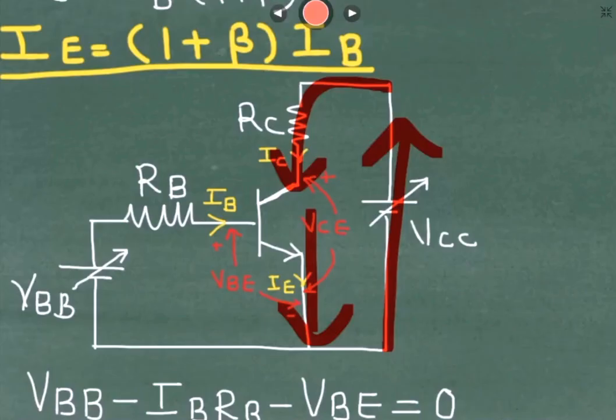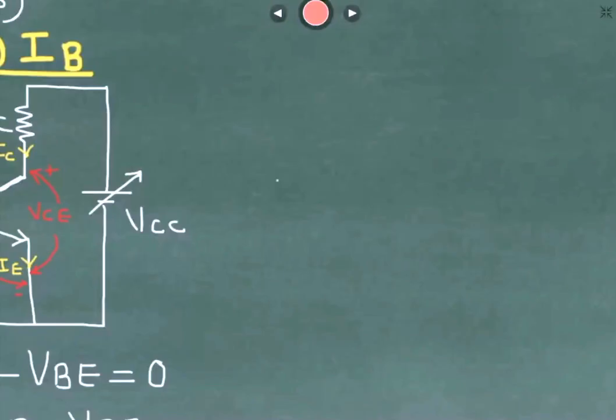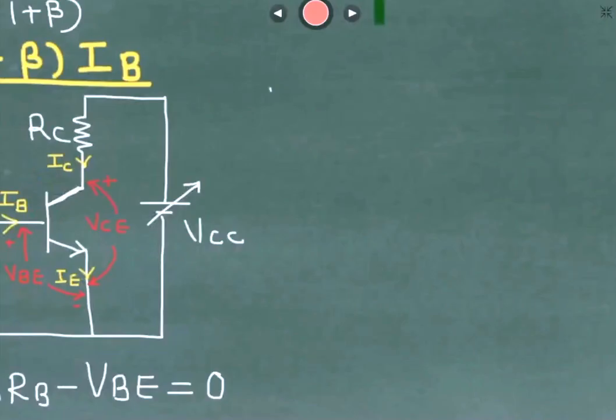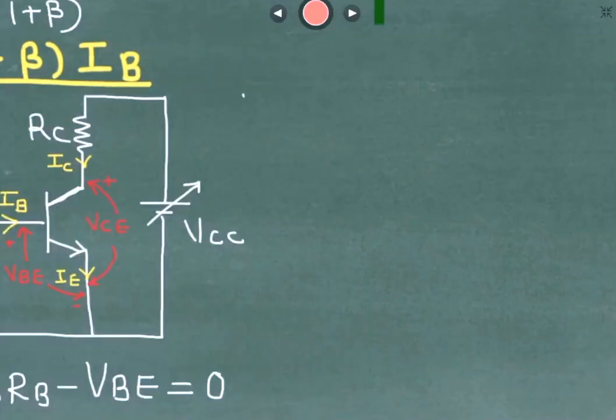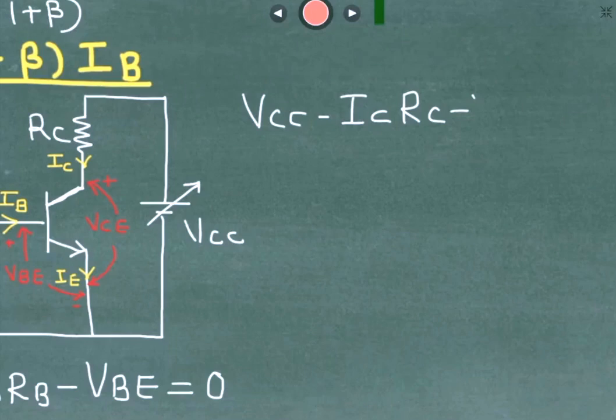So we have found the equation for the output side also: VCC minus IC into RC minus VCE is equal to 0.